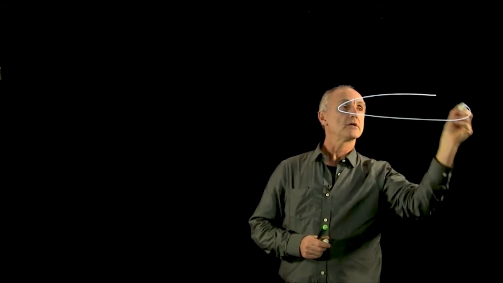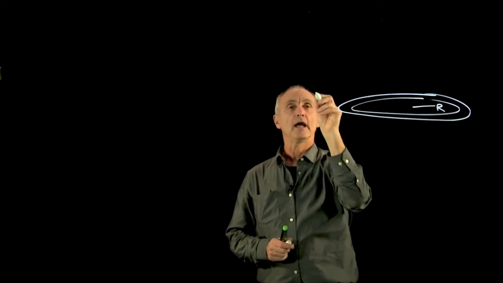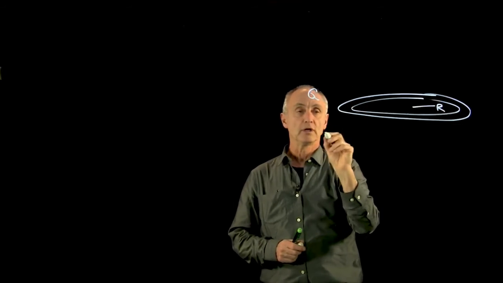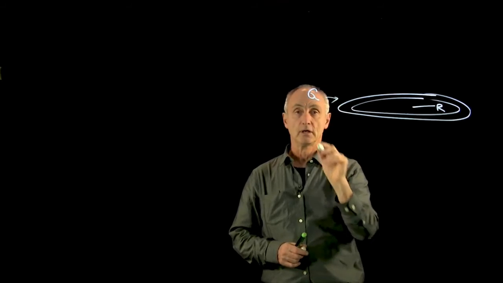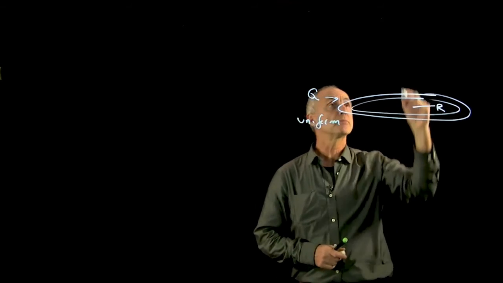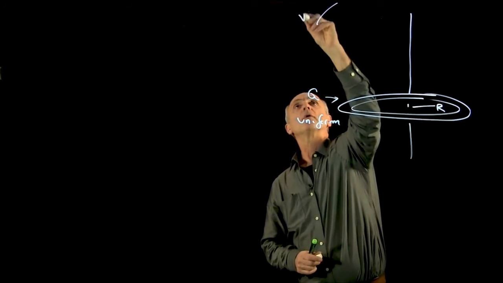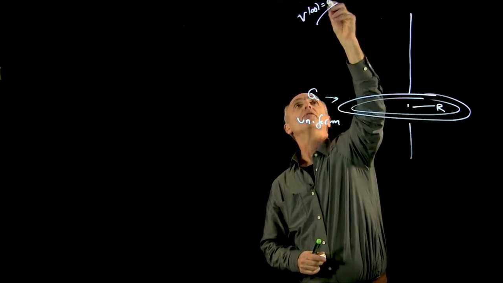Let's calculate the potential for a continuous charge distribution. And the distribution we're going to look at is a ring. So here we have a ring of radius r, and the ring has a total charge q that's distributed uniformly on the ring. Now, let's in particular look at, here's infinity, where V of infinity is 0.